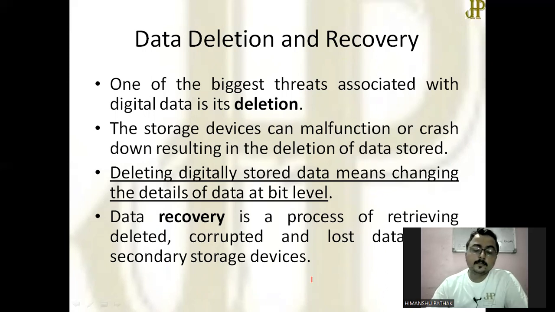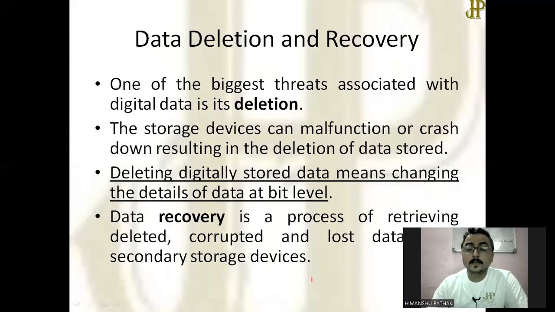Other than this, the biggest threat is your data being stolen and then deleted by some hackers.